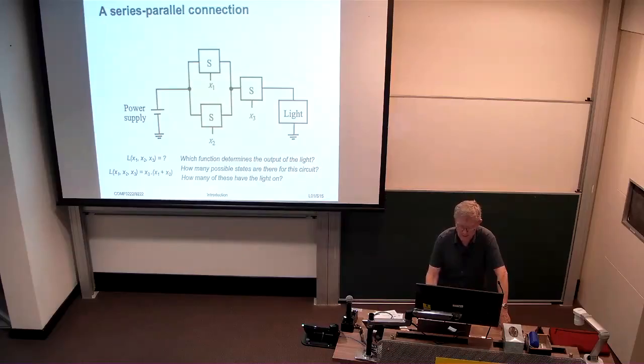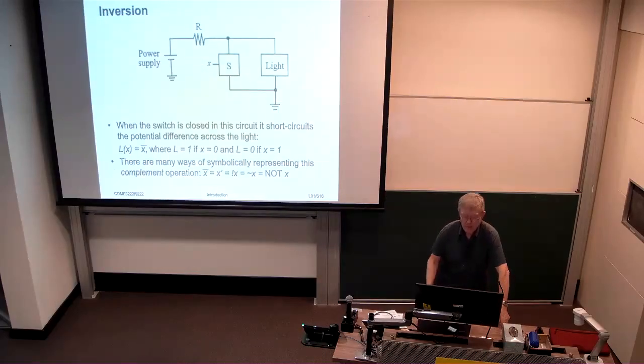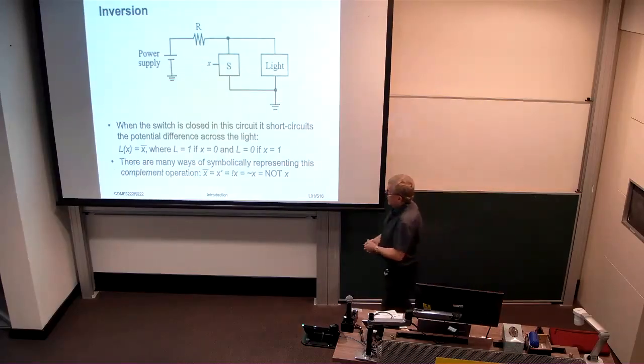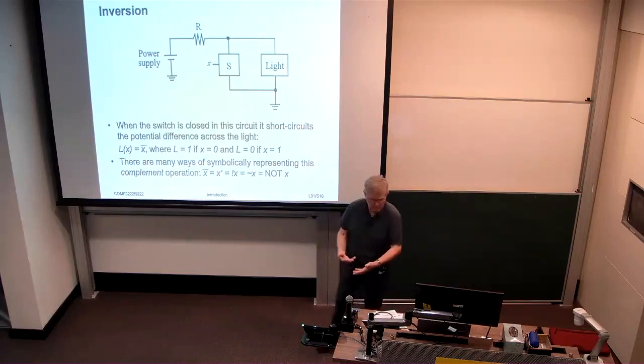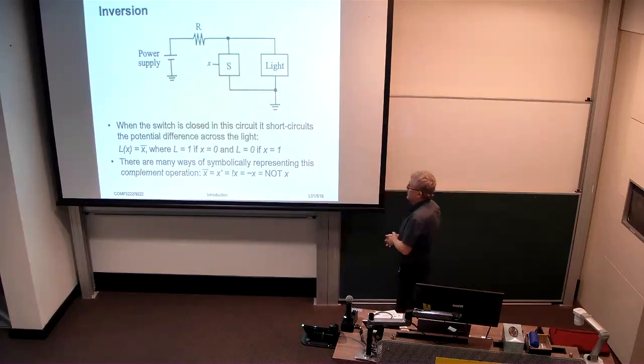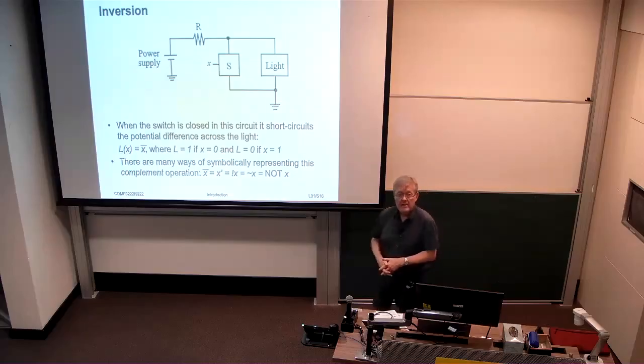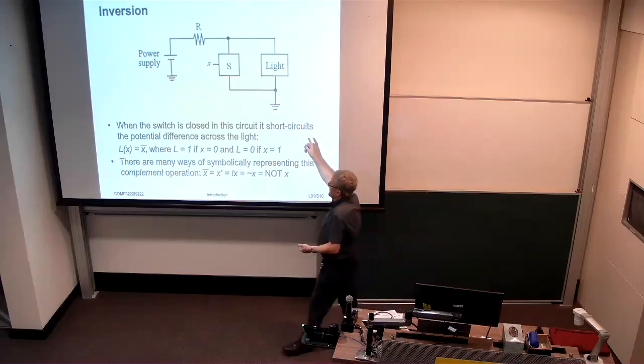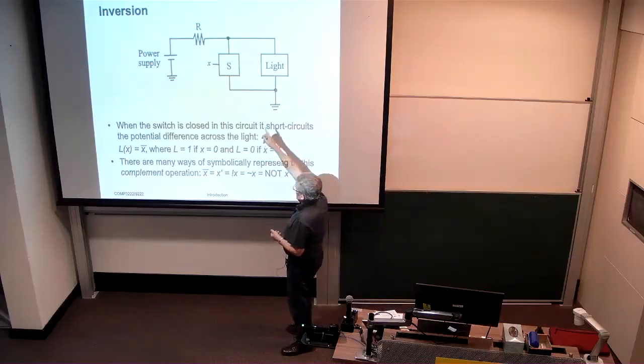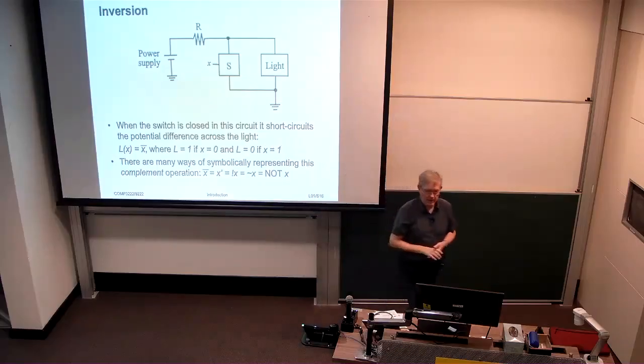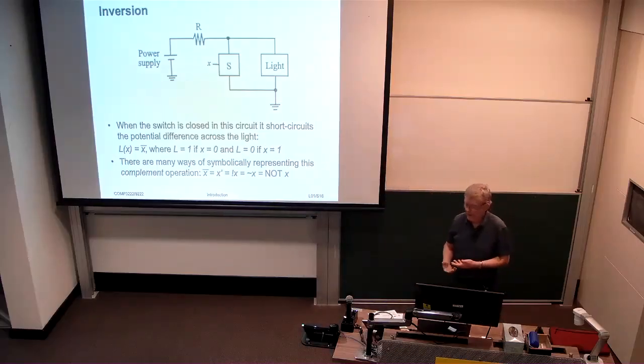Right, good. So there's one final fundamental logical operation that we need to know about, and that's inversion. In this circuit, the switch is wired across the light, and that introduces an interesting phenomenon.